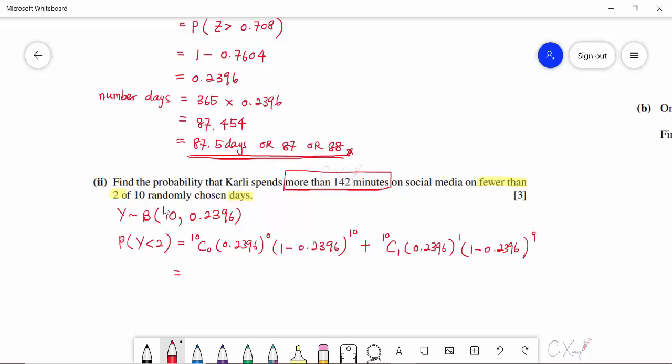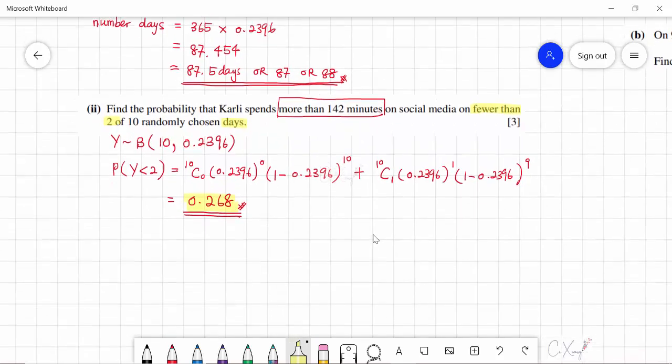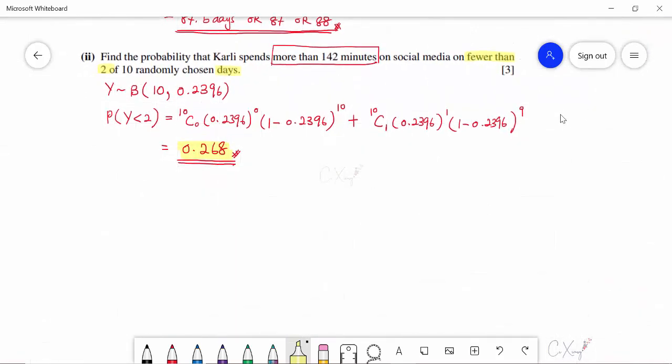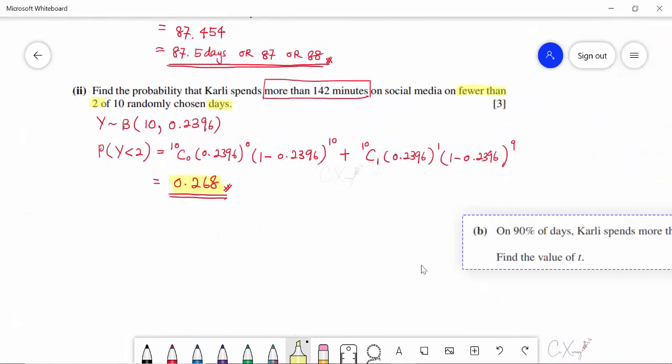Then you just press calculator, and you should be able to get 0.268, correct to 3 significant figures. So this is what we have for part number 2. Now, let us continue to part number 3.